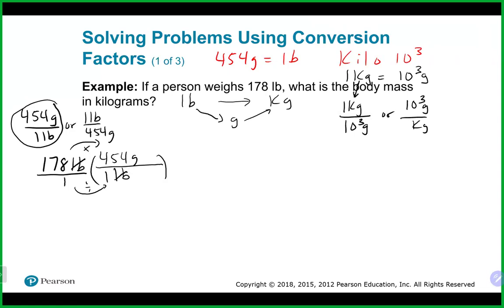If I stop right at this moment, I'm in units of grams, right? Which is close to what I want, but I do want to go to kilograms. And by writing it like this, I should clearly see that grams are on top. So to get rid of grams, I should use the conversion factor there, on the left or right. I should use the one on the left.